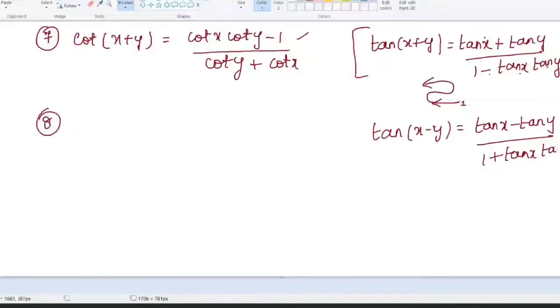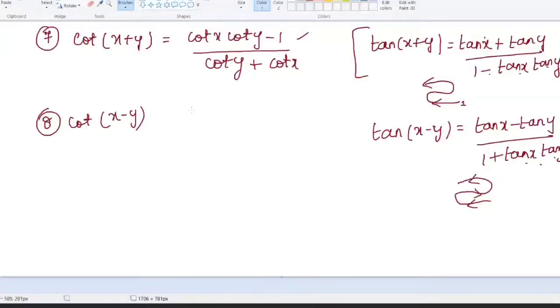So now look at this, and we will write the cot x minus y formula. So cot x minus y, follow this same logic, that is, go from the denominator. So I have to start from here, but in place of tan, write cot. So what should I write now here? Cot x cot y plus 1.